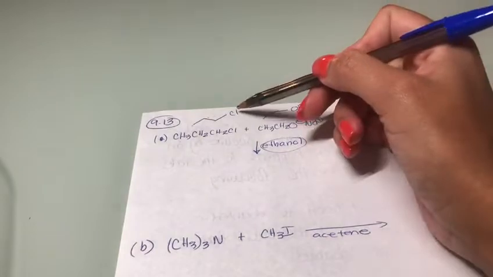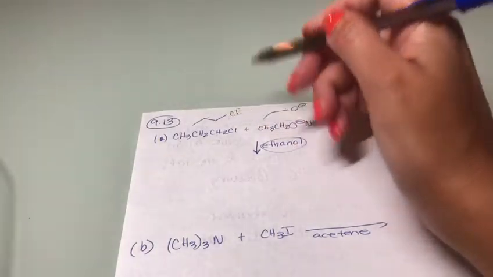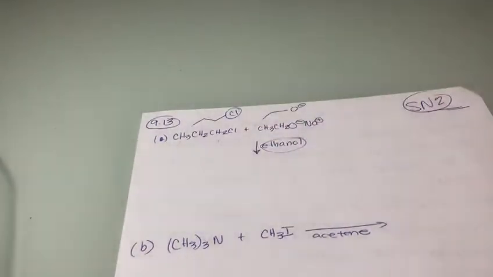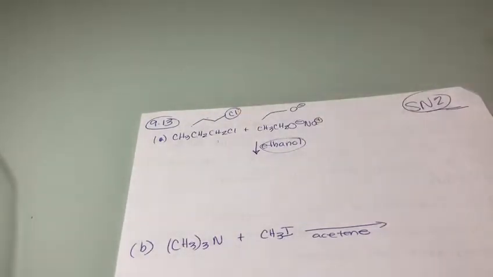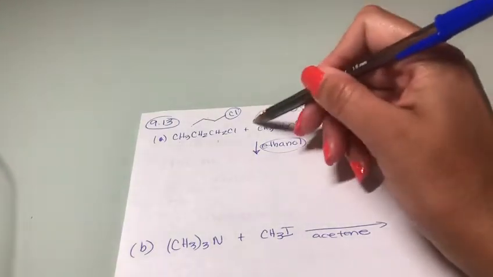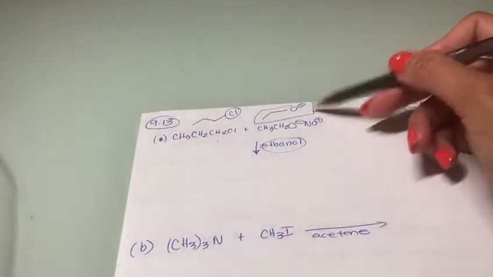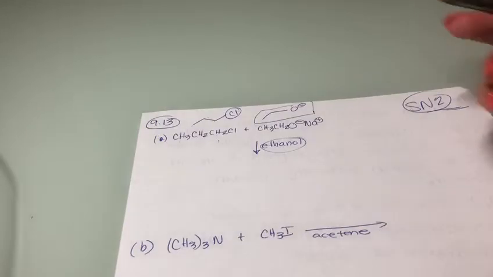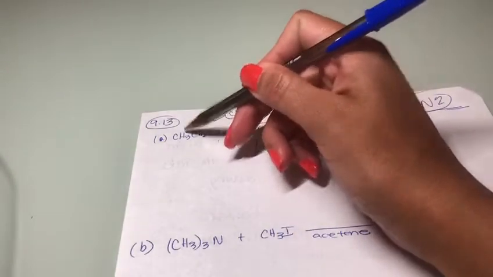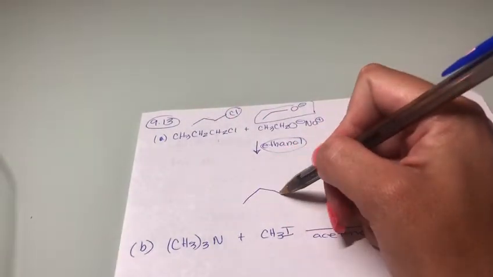So what we have to do is identify the leaving group. In this case, it is the halogen. When you are using a haloalkane, the leaving group will be your halogen. And this ethoxide, this nucleophile, will be replacing this leaving group. So 1, 2, and 3 carbons, right?